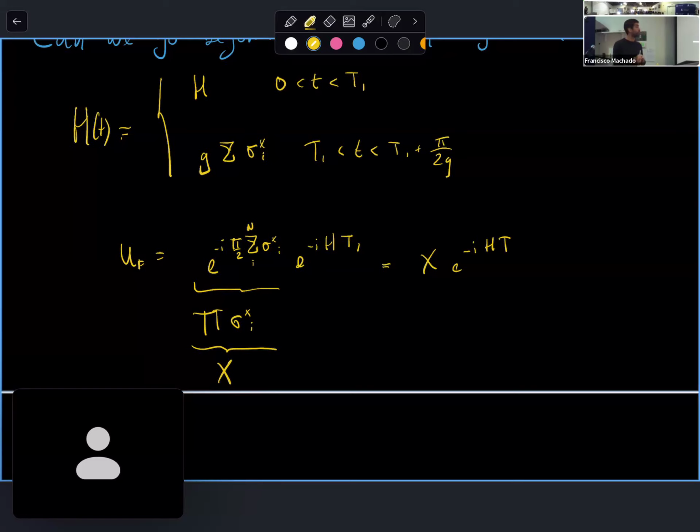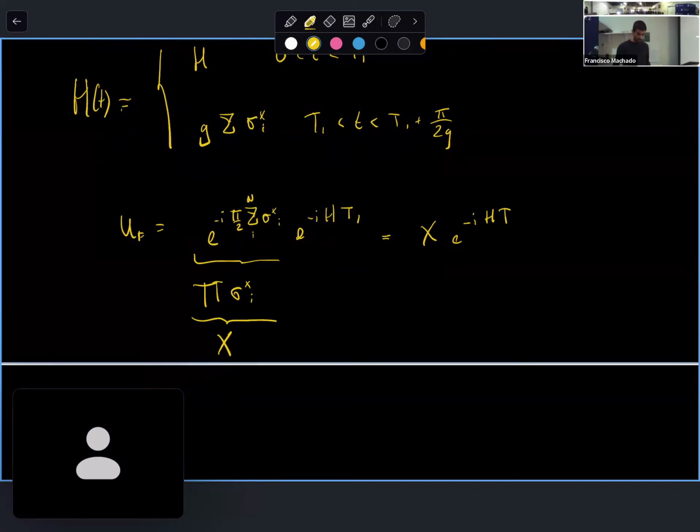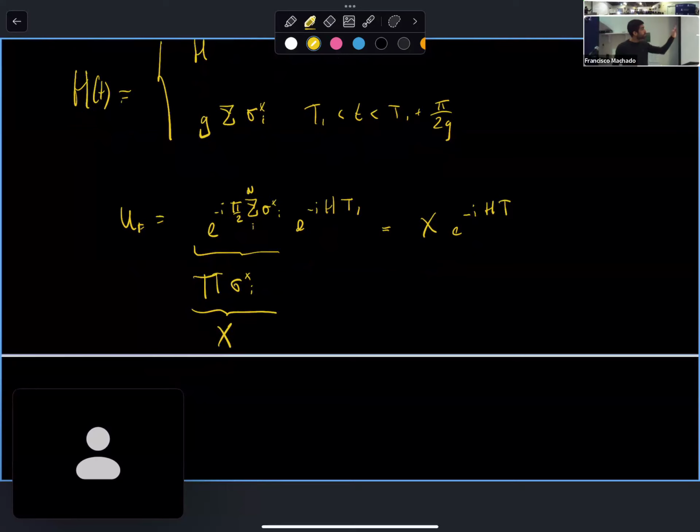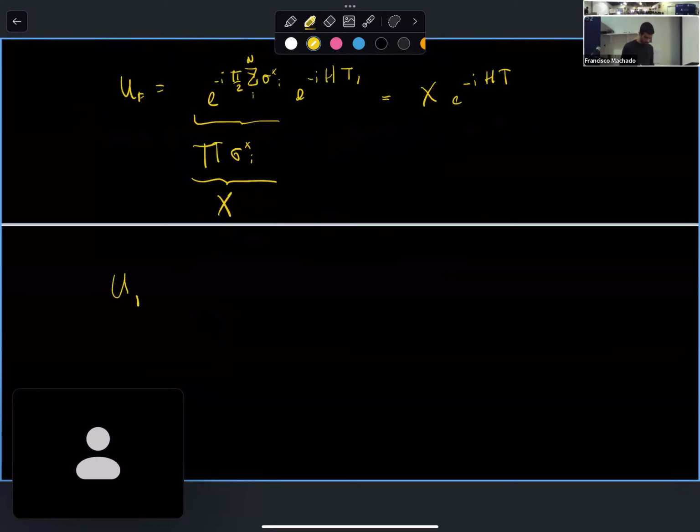It's not necessarily super generic. But it turns out that if your dynamics are of this form, the effective Hamiltonian that you get has special properties. And we can understand this not by looking at the dynamics under one period, but looking at the dynamics under 2 periods. So we're going to do a little bit of algebra.